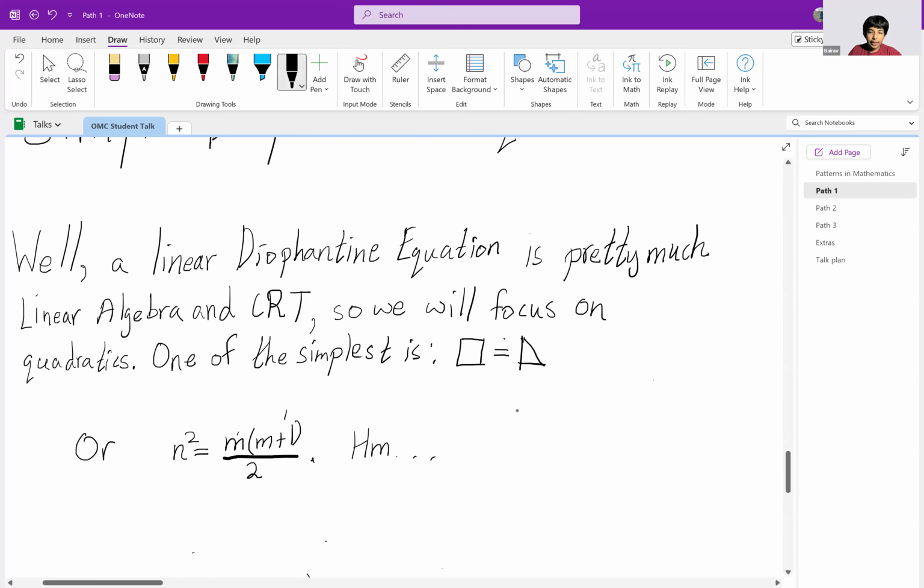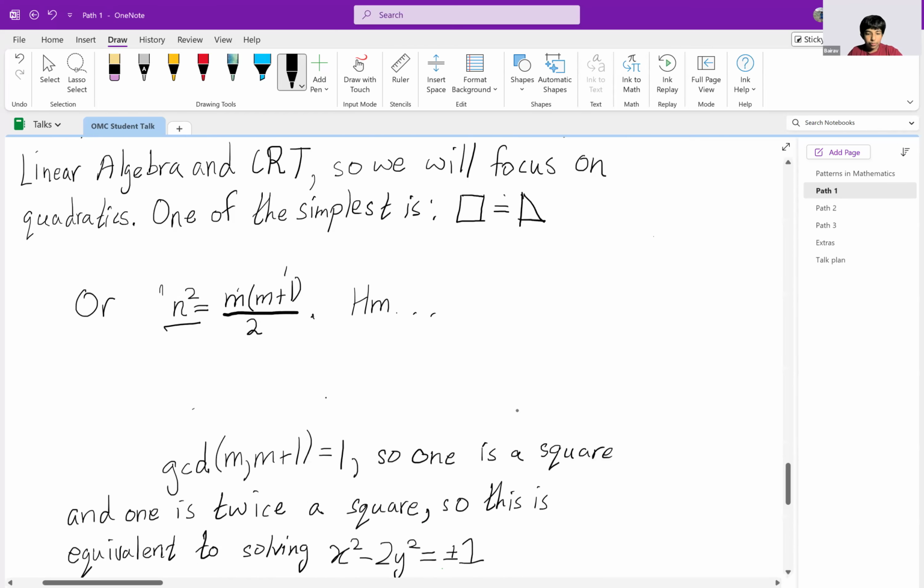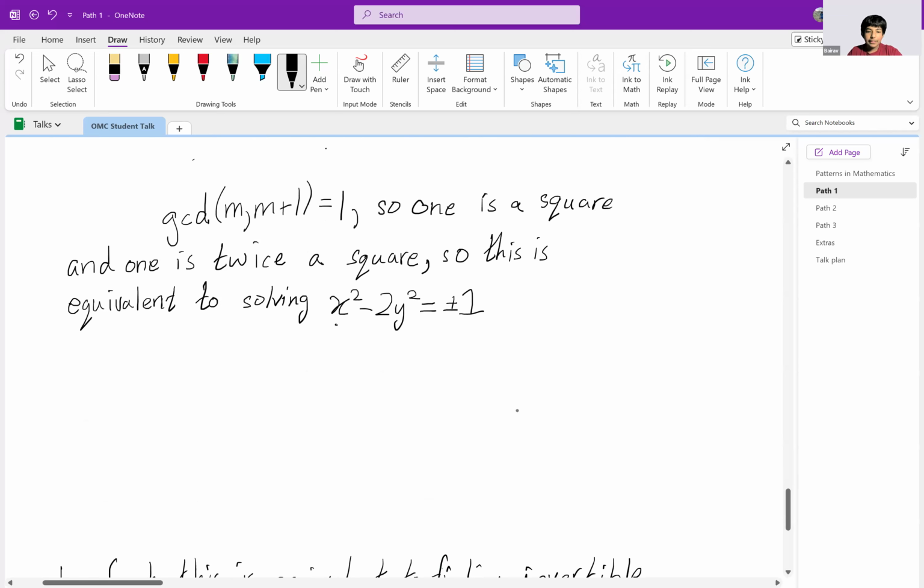And since these are coprime, we get that one of these is a square and one of these is twice a square, because every prime number other than 2 has to be divisible by exactly one of these, and all of them have an even power, being a square, of course. So one is 2 times a square and the other is a square because of this 2. And we get Pell's equation.